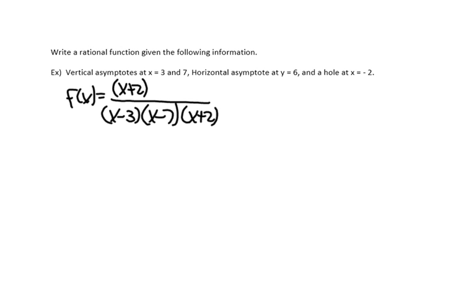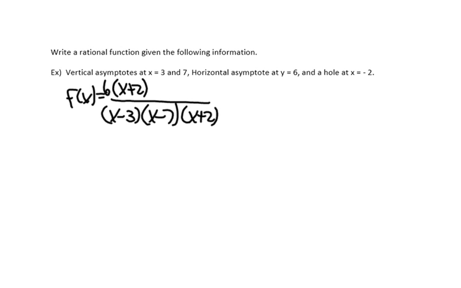Now, let's go back to that horizontal asymptote then. So I know it's going to be 6. Now, the only problem is, in order to have a horizontal asymptote that is not 0 or none, the degree of the numerator must be exactly the same as the degree of the denominator. Now, I don't want to take x plus 2 and cube it, because that would get rid of the hole.